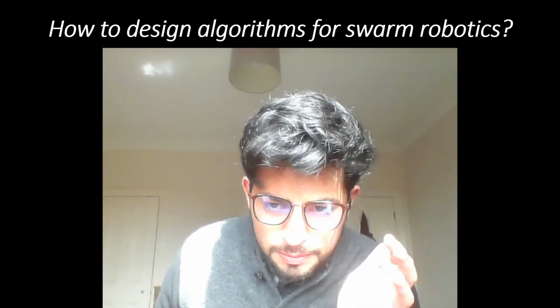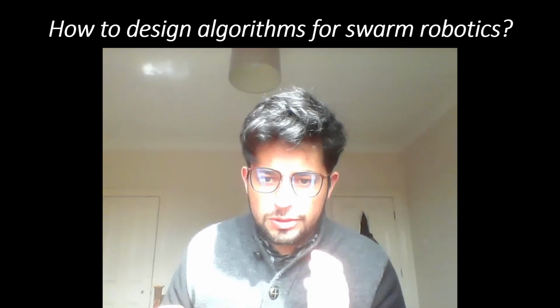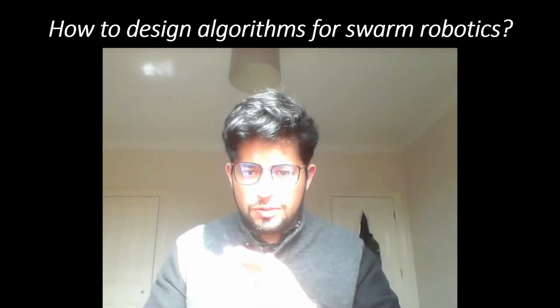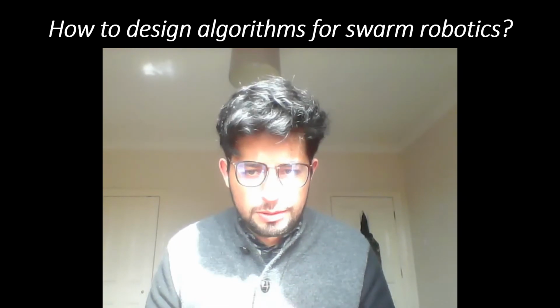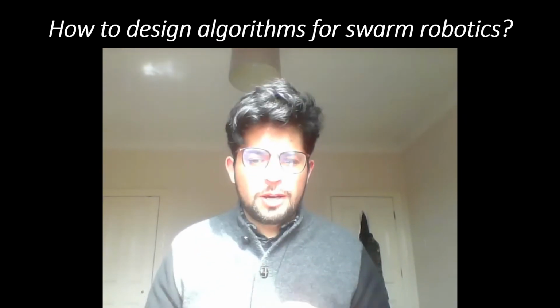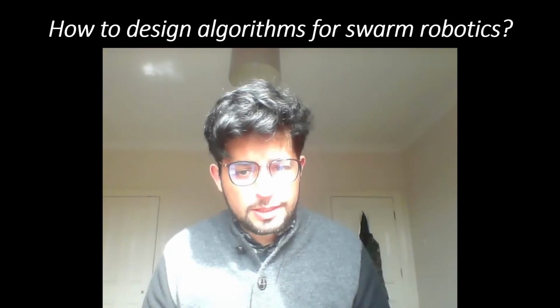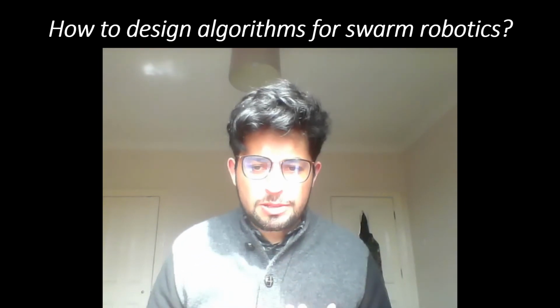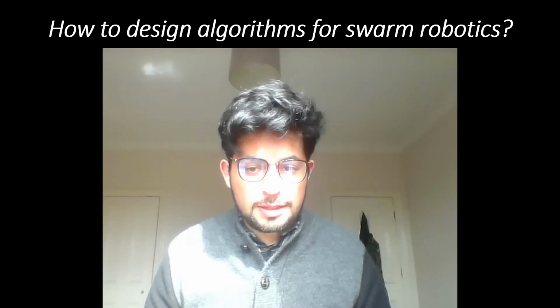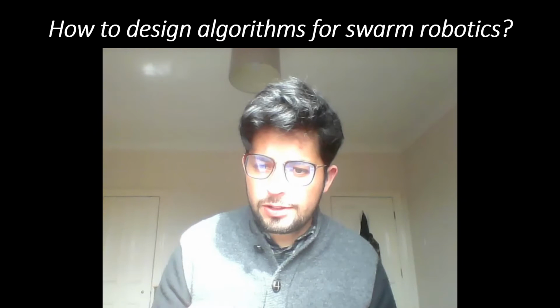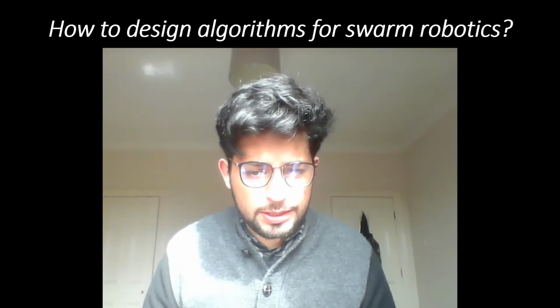What people do most of the time is that they go straight to the piece of paper or straight to the block diagram and they draw the things that they want the robot to do. Once you're happy with it, then you make the code for it and then you test it. In my experience, the first step of drawing the diagram is really important.